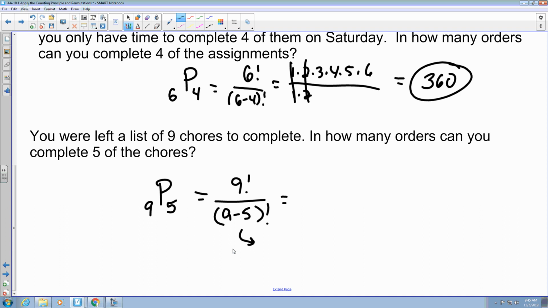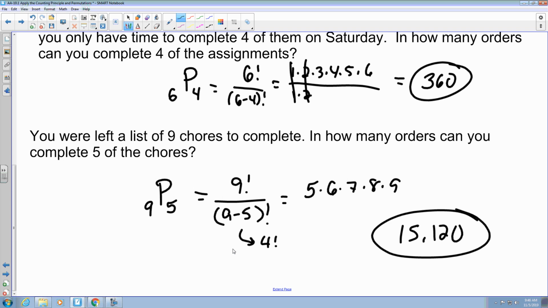If you realize that 9 minus 5 is 4 factorial, then 1 times 2 times 3 times 4 gets canceled in both the numerator and the denominator. So all you really have to do is write, especially on the top, 5 times 6 times 7 times 8 times 9. Multiply those out, and you get 15,120 different ways.